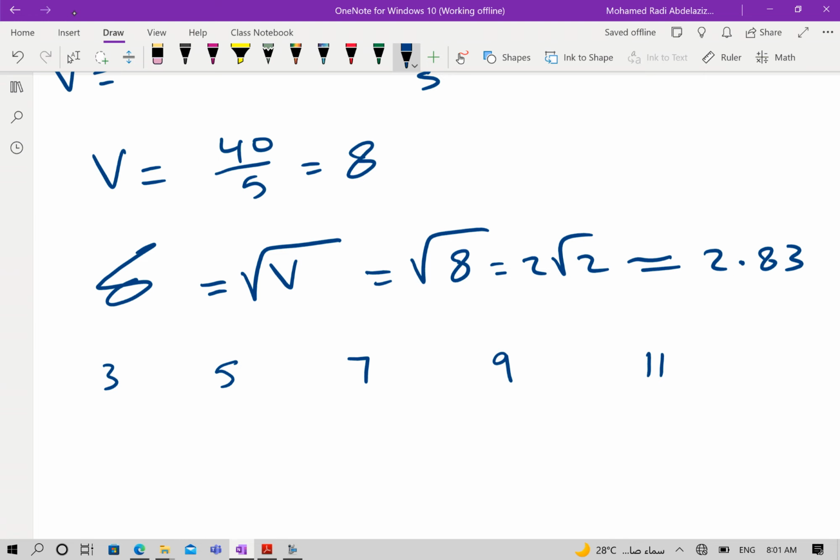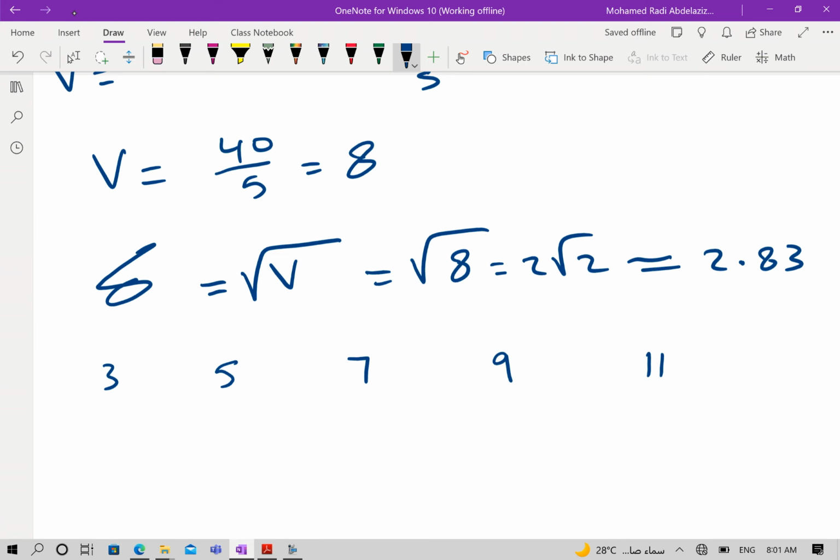This value, the square root of variance, is called the standard deviation. Standard deviation is the square root of the variance, square root of 8. Now we'll discuss the meaning of standard deviation. We'll not discuss the variance further; I need only the variance to calculate the standard deviation.